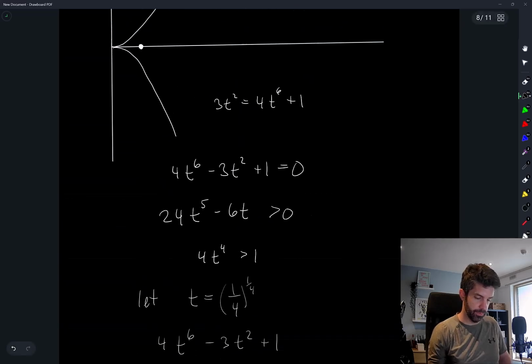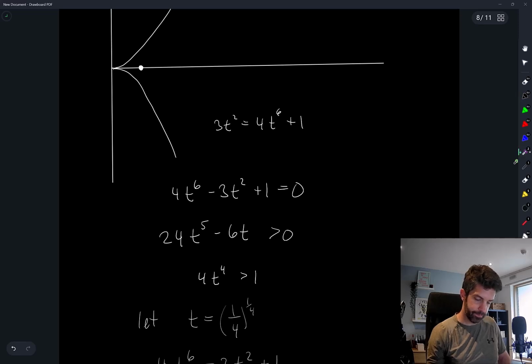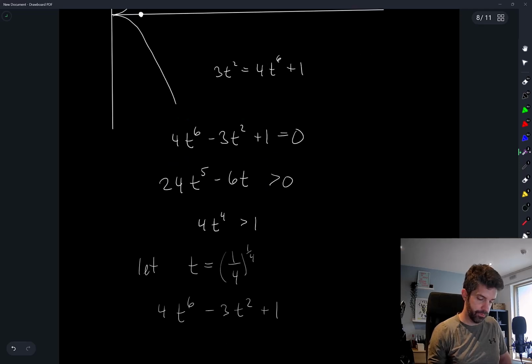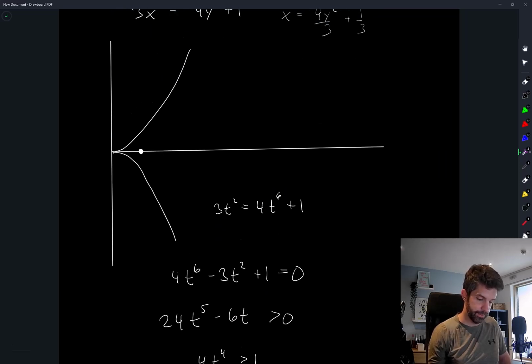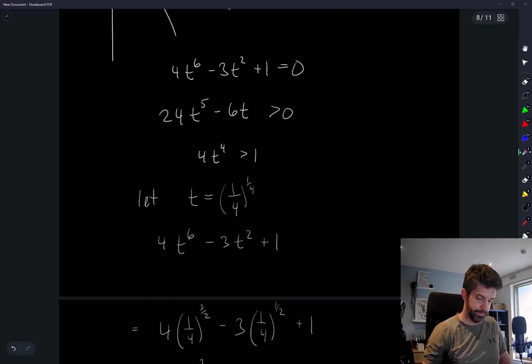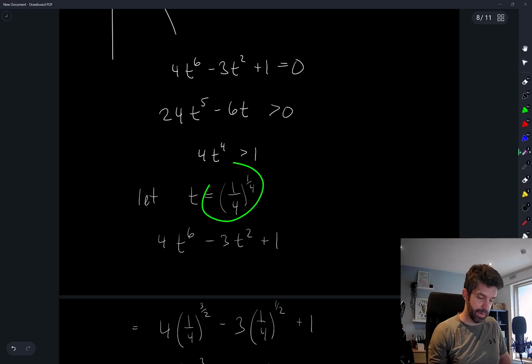Okay, so what does that say? It's saying that this starts when t is equal to 0, this is equal to 1. When t is equal to this number, this thing is equal to 0. So they do intersect, and they intersect when t is equal to plus or minus that number.